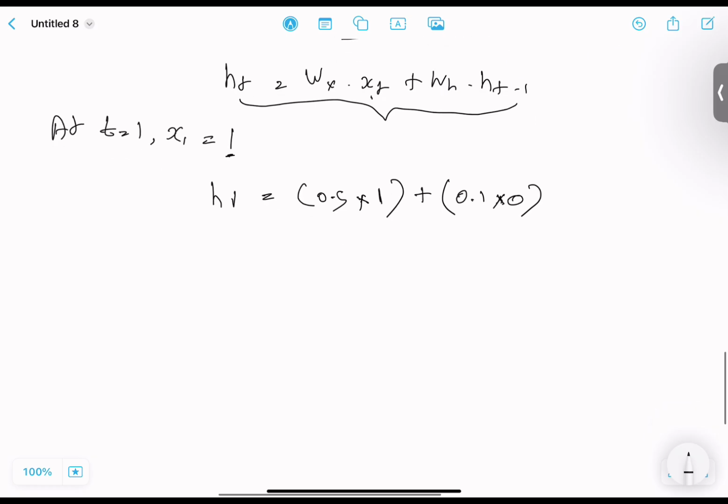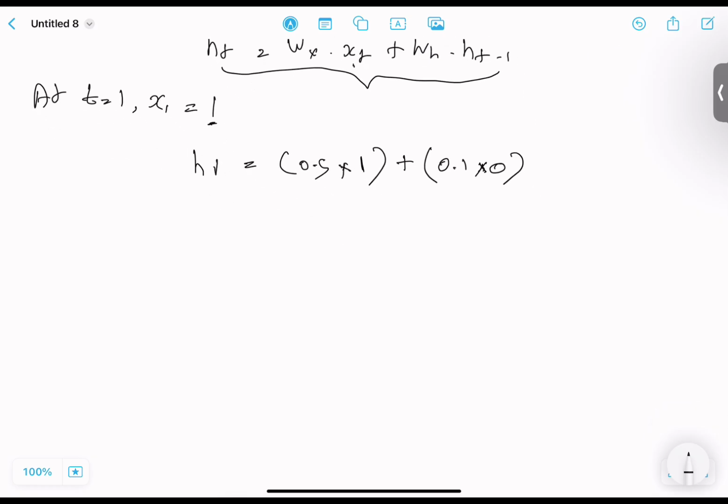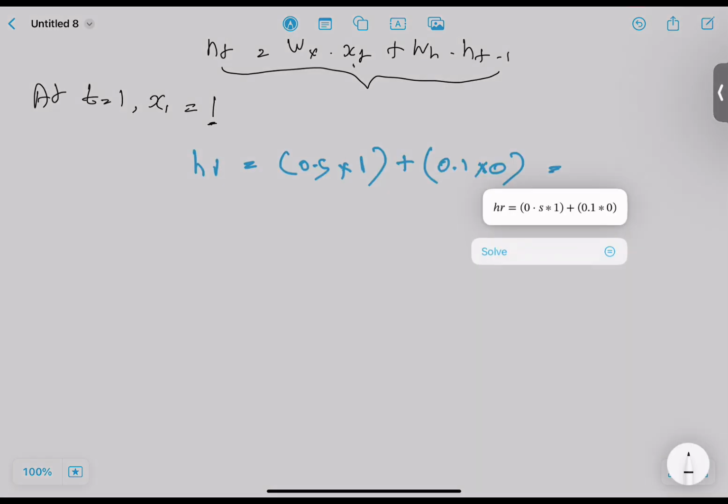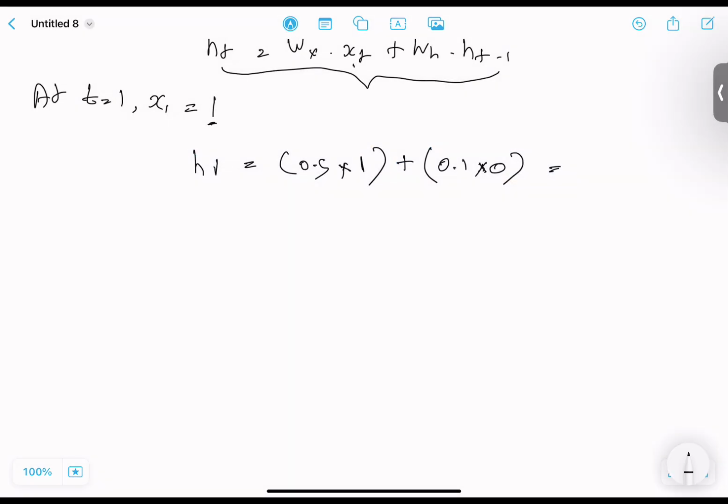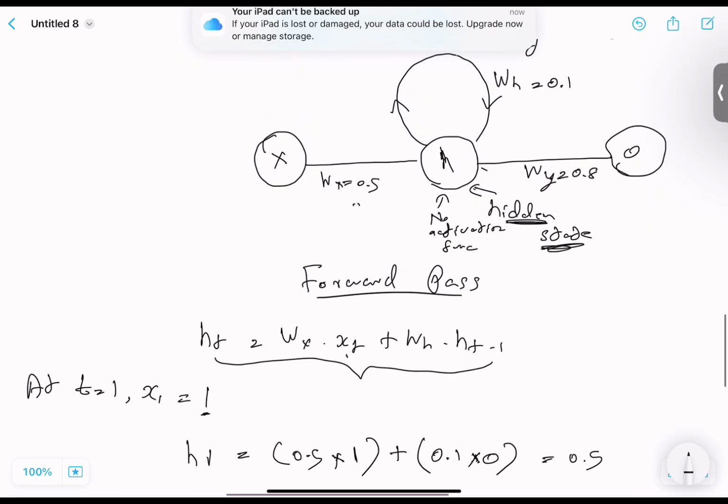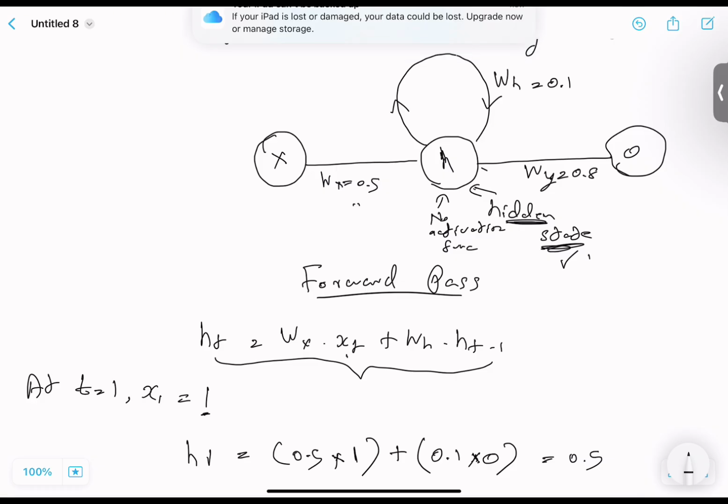And the output of the hidden state at time step 1 is 0.5. Now we have successfully updated h t at t1.